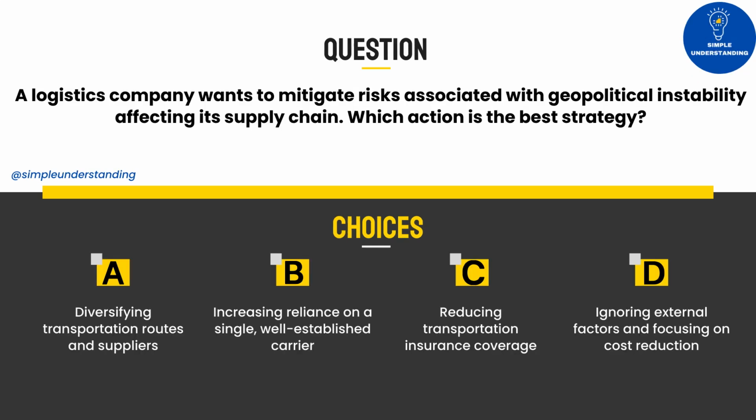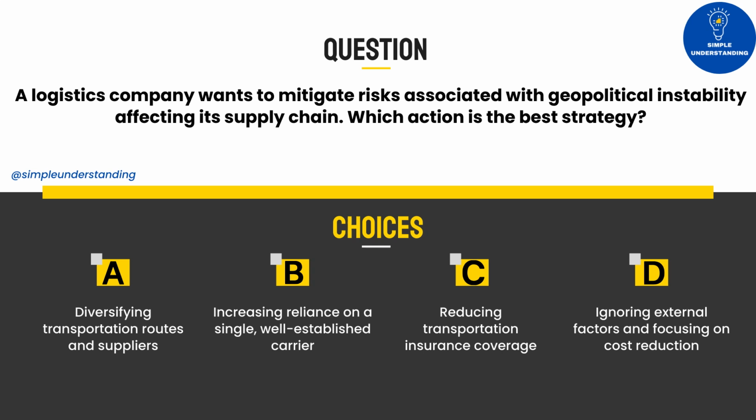7. A logistics company wants to mitigate risks associated with geopolitical instability affecting its supply chain. Which action is the best strategy? A. Diversifying transportation routes and suppliers. B. Increasing reliance on a single, well-established carrier. C. Reducing transportation insurance coverage.